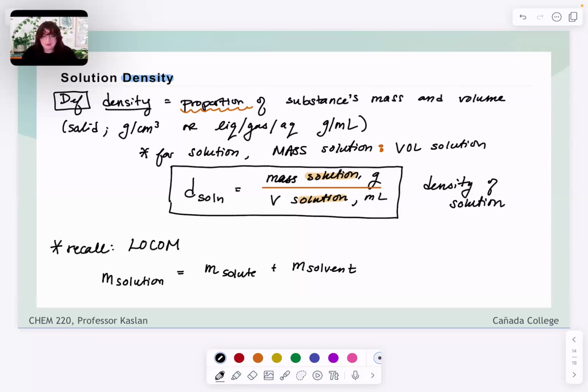That would be breaking the rules of physics. If it helps you to put this into your numerator, you can. But I think this is more of a general rule that you should have in your back pocket for when you aren't outright given the mass of solution. Now, this is not true for the volume. Volume's not necessarily additive. We could relate it to mass by the densities of each of the respective solute and solvent components in solution. So we're going to go with the law of conservation of matter, via a law of conservation of mass.